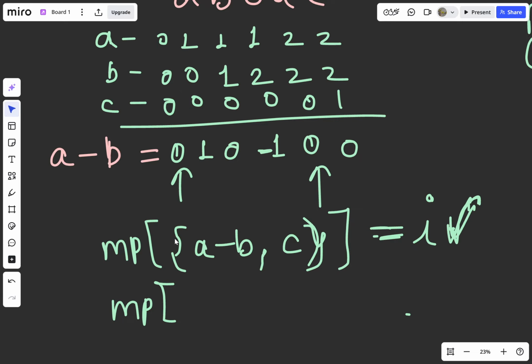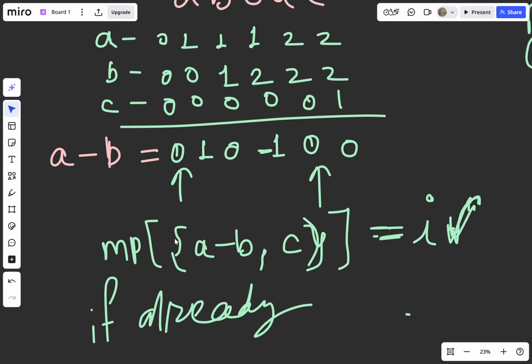If it is already present, we will calculate the distance. Here also we have the pair where A minus B is 0 and the count of C is also 0.